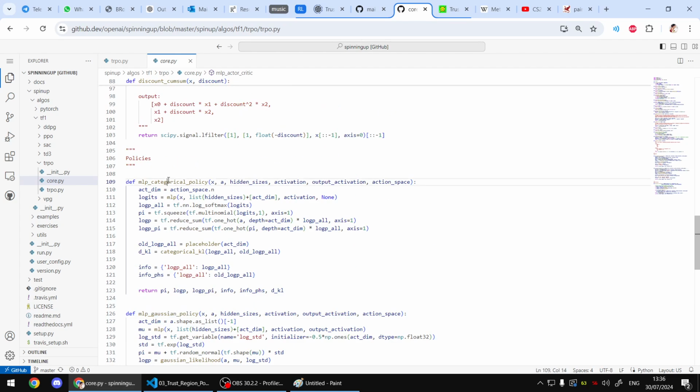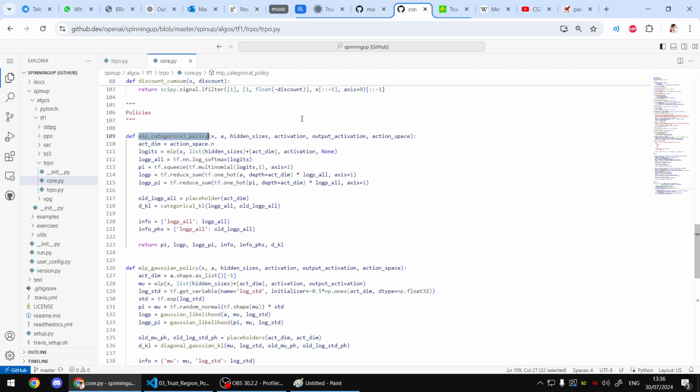So in case of categorical, we just have the logits, as I said, that are action dimension number of logits. They softmax it. Here they sample it. It's TensorFlow. I don't use TensorFlow, but it's kind of categorical distribution.